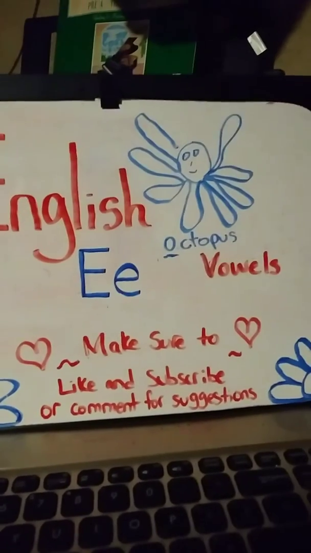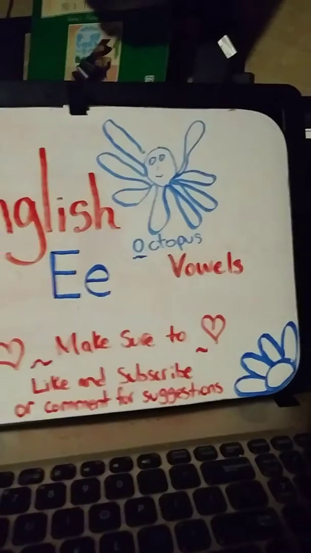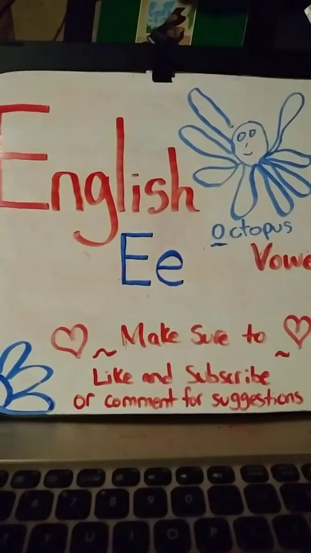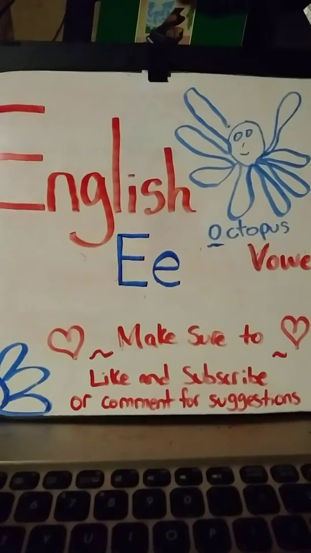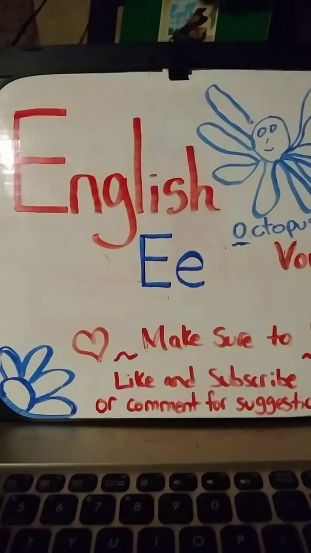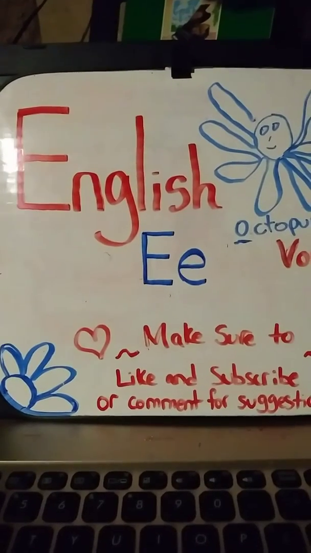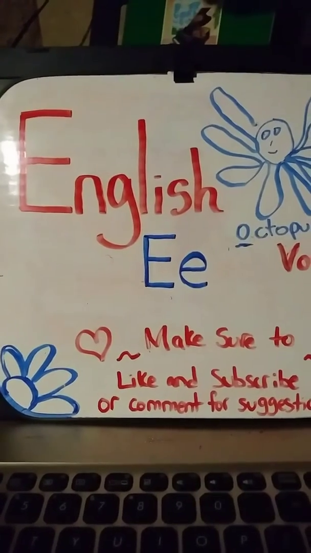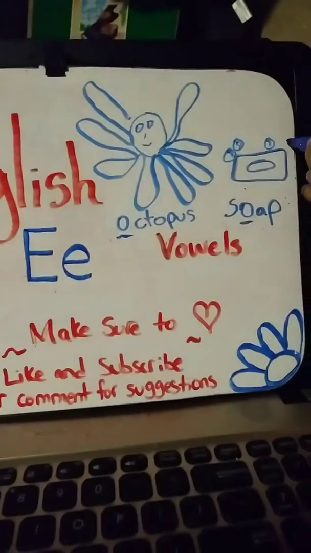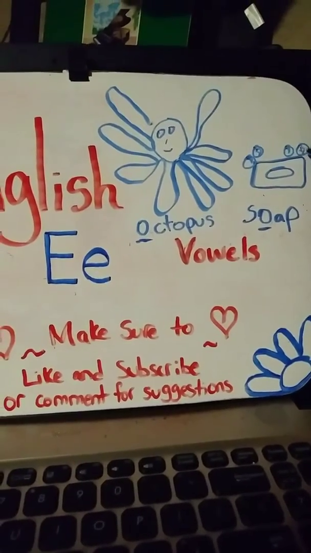Alright, and for our next picture let's do this one. Easier to draw. At least I think. And how do you make bubbles? There. I'm trying to draw bubbles. So if anyone didn't know, this is soap, now you know.